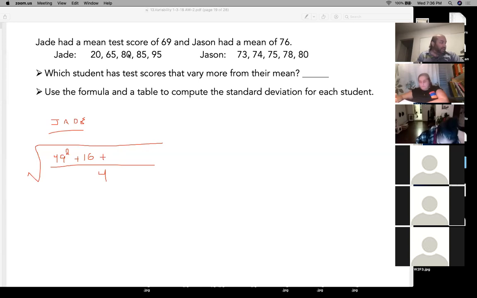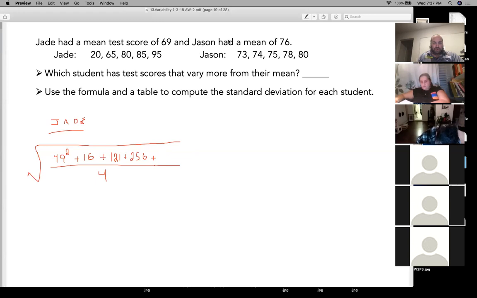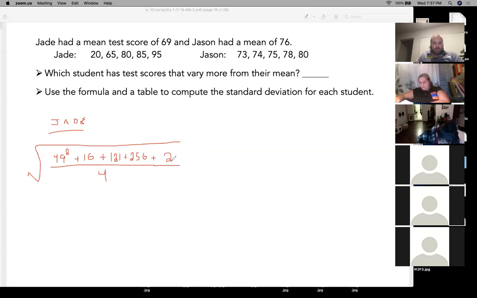How far is 80 from 69? It's 11. So 11 squared is 121. How far is 85 from 69? 16. 16 squared is 256. And how far is 95 from 69? 26. And I don't know 26 squared. So I'm going to do the same thing I did for the first one and just write 26 squared.